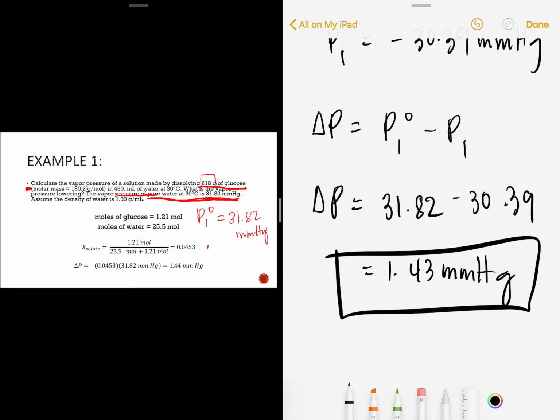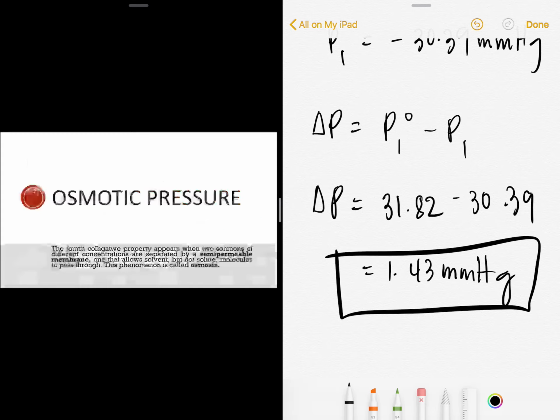So, kapag ang discrepancy sa computation ay 0.01 lang, 0.02, it will be accepted, no? Kasi perhaps you used a different value for the atomic weight of your components. Ayan. Any questions? Wala na. Okay?